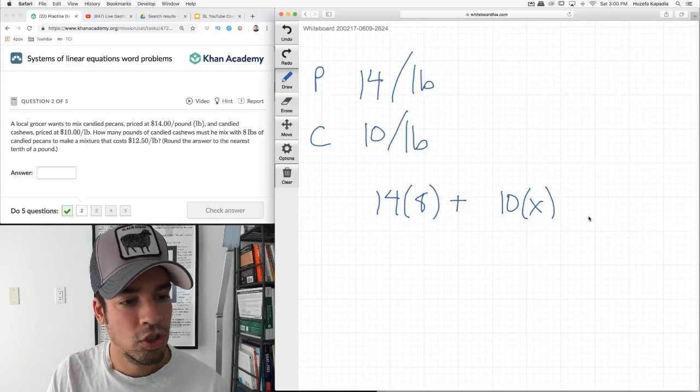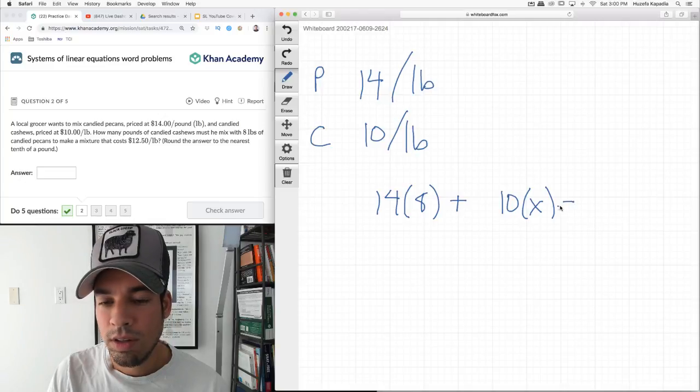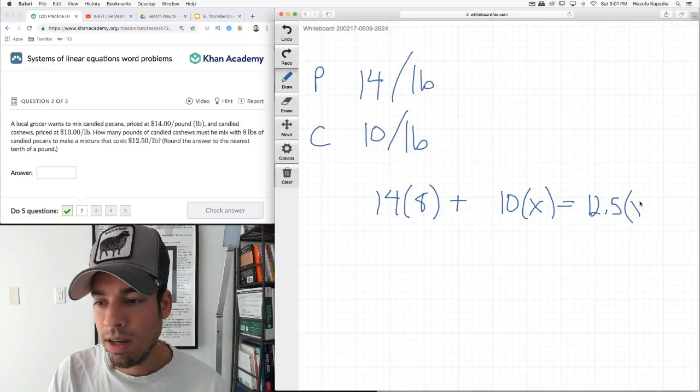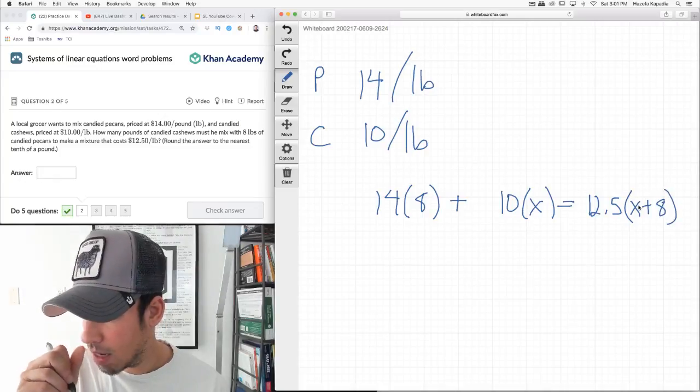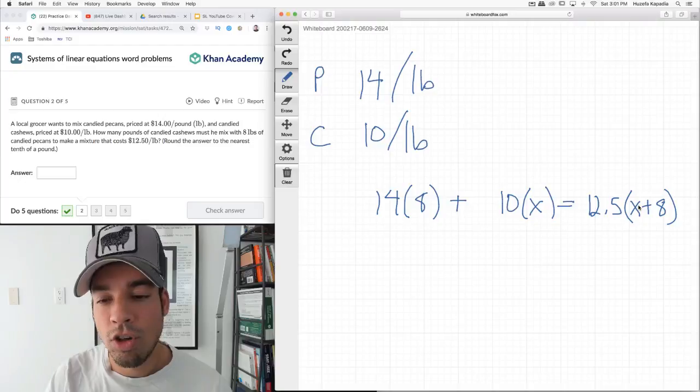Must he mix to make a mixture that costs $12.50 per pound. So it's got to be $12.5 times x plus 8, because this is the total amount of pounds. And so this should all balance out.